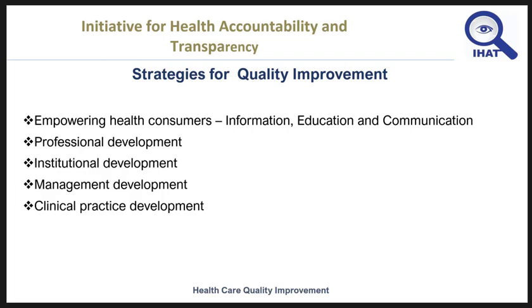And finally, clinical practice management or development requires instituting effective clinical governance as an integral part of healthcare quality improvement programs. The key elements to be included are clinical risk management, clinical effectiveness, person-centeredness, continuous quality improvement, and also involving key stakeholders.